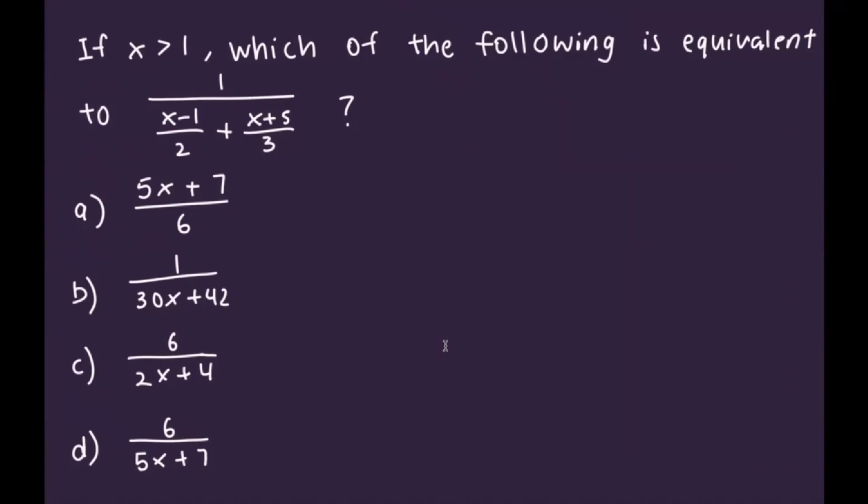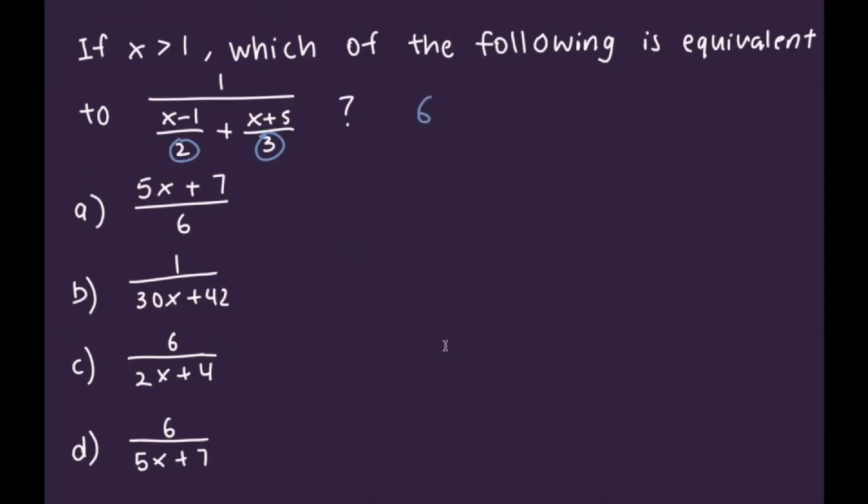If x is greater than 1, which of the following is equivalent to 1 over this fraction? So first, let's find the common denominator of the denominator. We have 2 and 3, and we know that our common denominator will be 6.